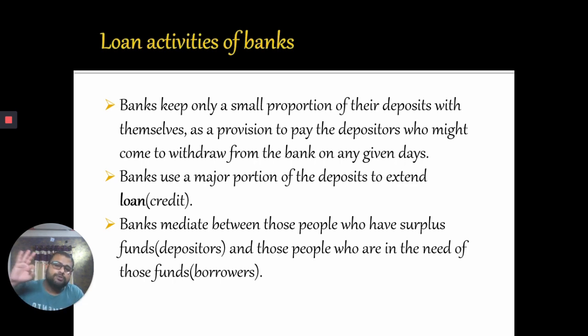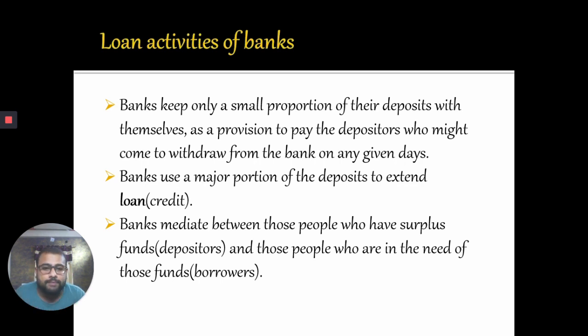What the bank usually does is keep some amount of money with itself, to give to the withdrawers, the ones who come to the bank to withdraw money. So some amount is kept by the bank to give to the people who want to withdraw the money.